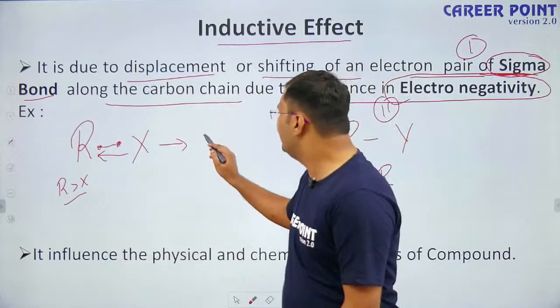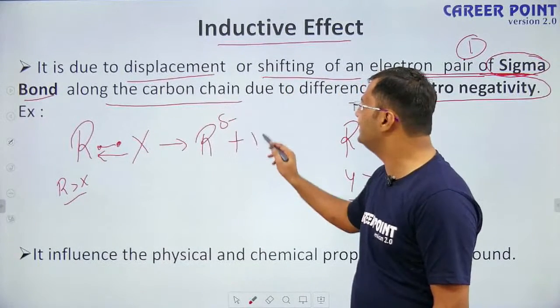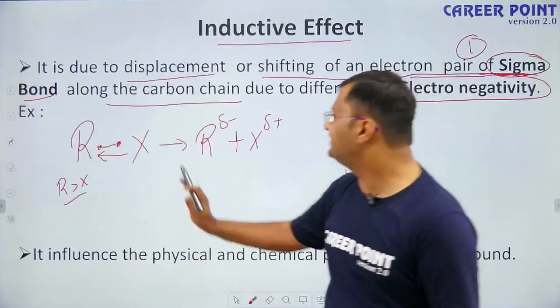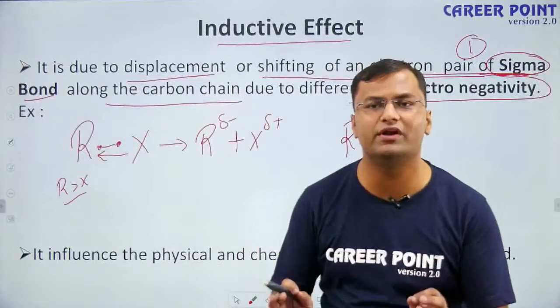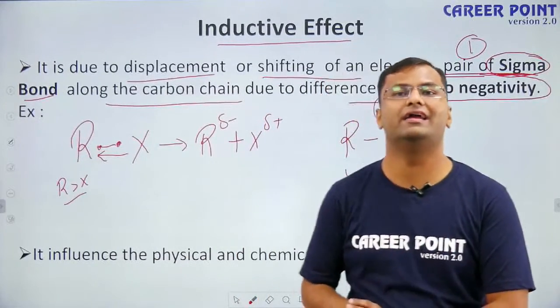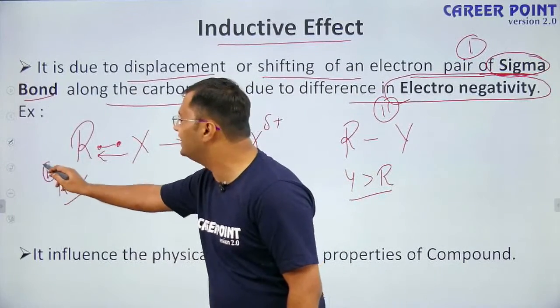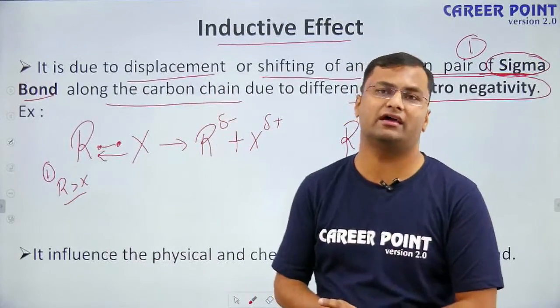So here we can say R delta minus, X delta plus, a partial negative charge on R. The shifting of electrons from X to R due to difference of electronegativity is called the inductive effect. This is case number 1, in which R has more electronegativity than X.